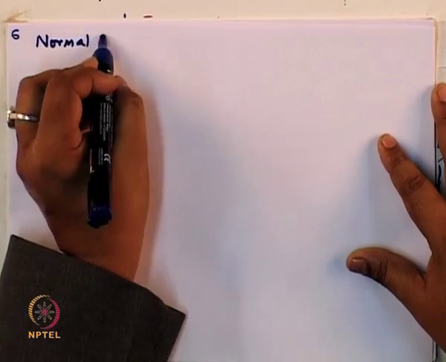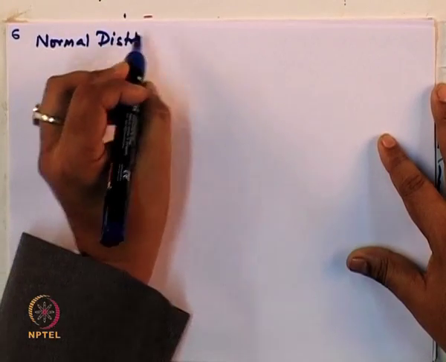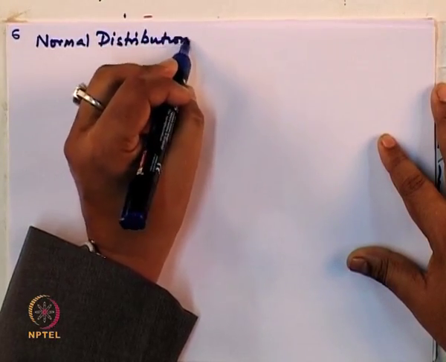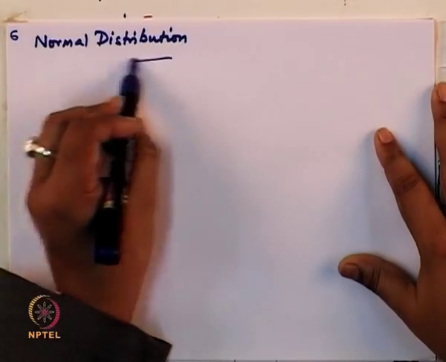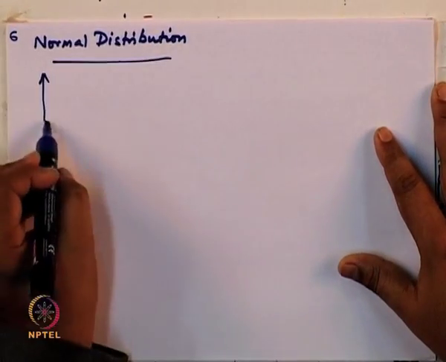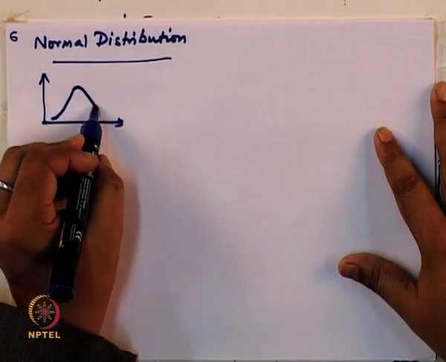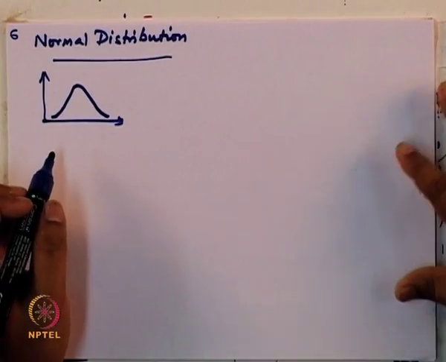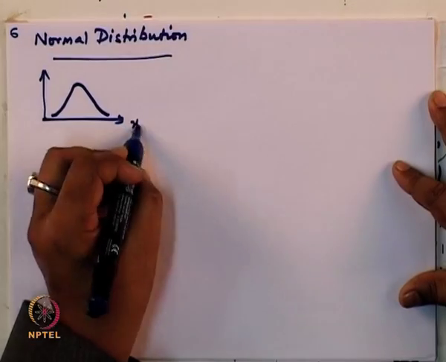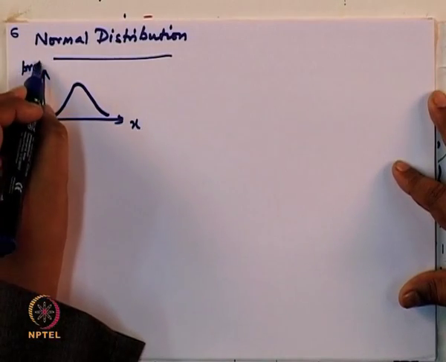We will now discuss one of the most important distributions, which is the normal distribution. So, what is the normal distribution? It is the mound shaped distribution that you see at all times. This is your x value, this is your probability.